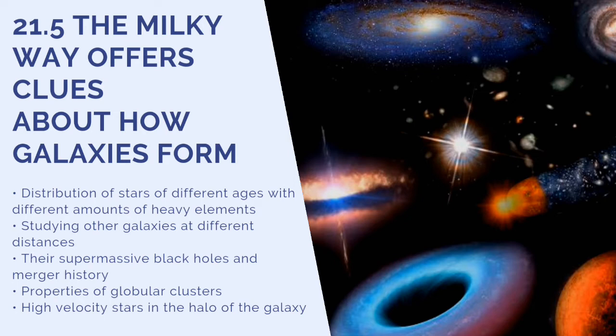Next is the merger history. There are computer simulations that suggest such mergers could cause the spiral arm galaxy. Next are the properties of globular clusters and high-velocity stars in the halo of the galaxies, which indicate important clues of how galaxies form.